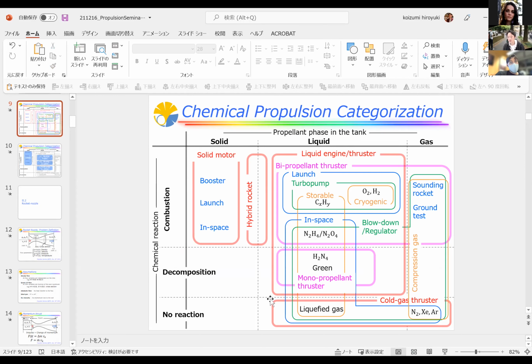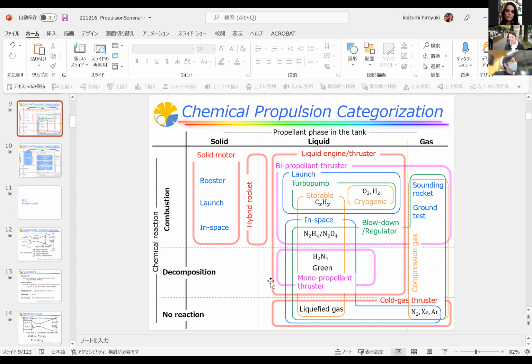When you look at launch vehicles, I think the trend is integrated performance. Integrated performance means cost, period, and payload mass.